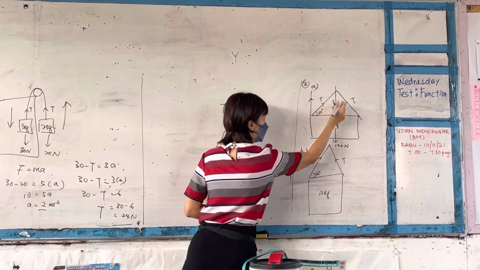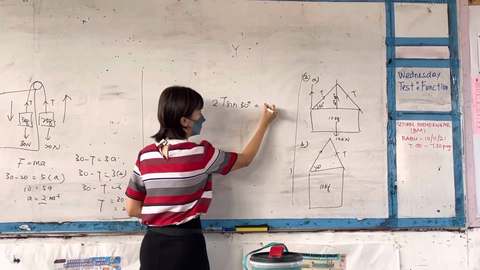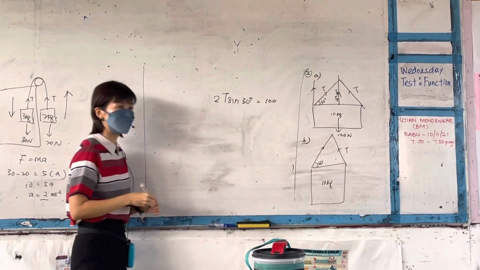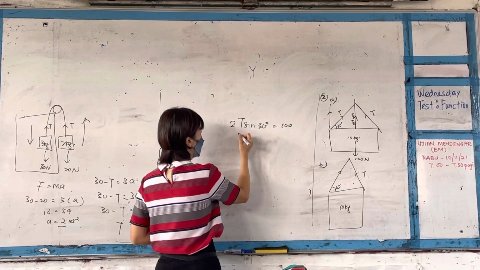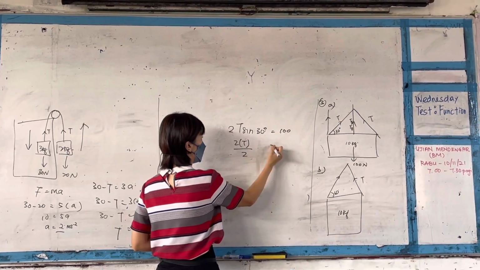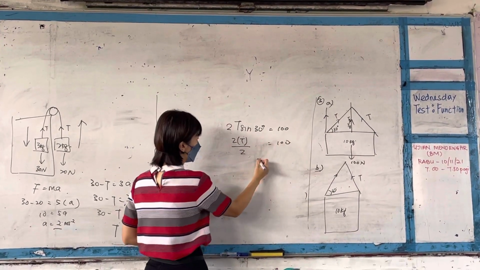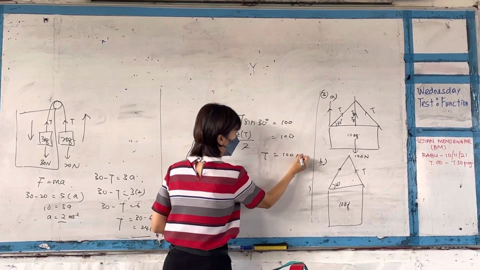This one is 1 T, this one contributes another T. So 2T sin 30 equal to 100 Newton. Now I want to know what is my T. 2 times T, this one sin 30 is 1 over 2, equals 100. So my string tension will be 100 Newton.